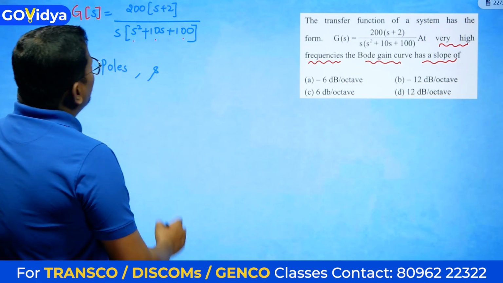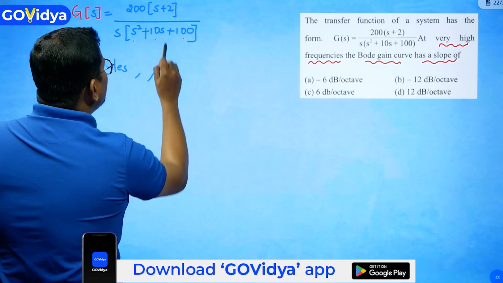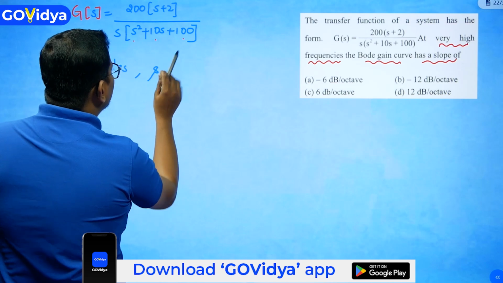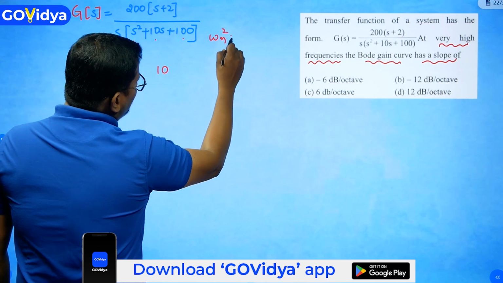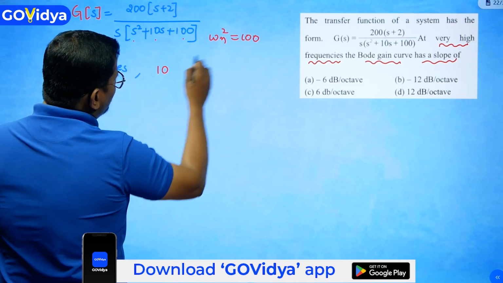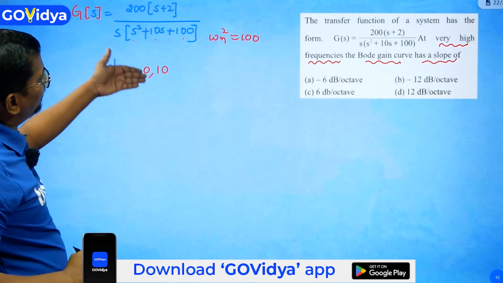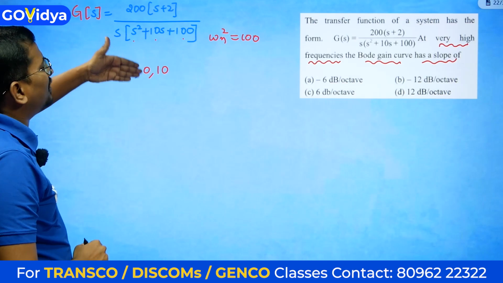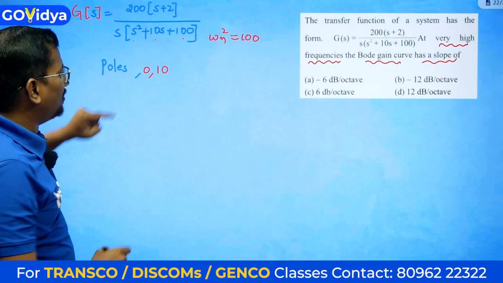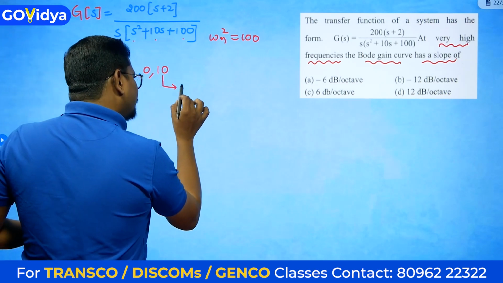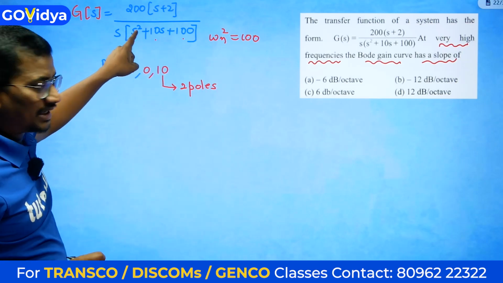Omega n square is equal to 100, so omega n is equal to 10. So one pole is at 0, another one is at 10. The first corner frequency is very low. Generally we cannot say 0, but it is for understanding purposes. Pole at origin, and the other corner frequency is 10, but it has 2 poles because it is a second order system.